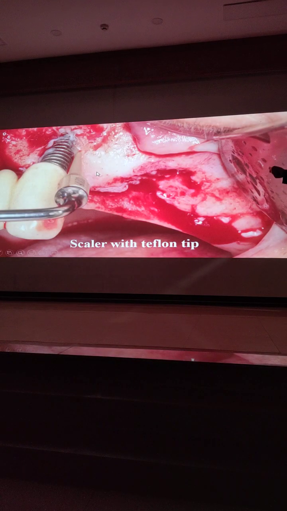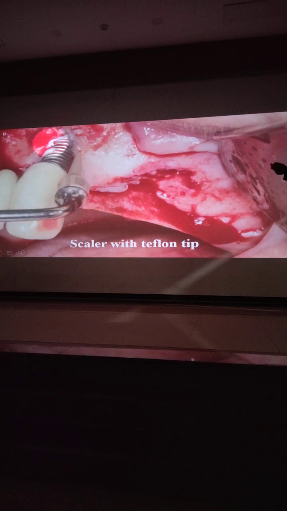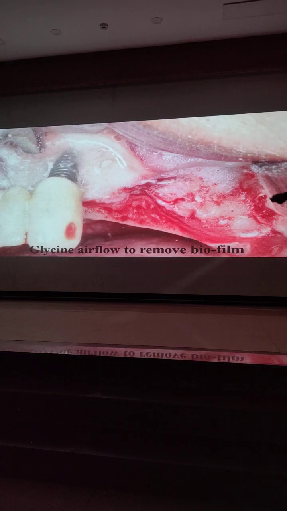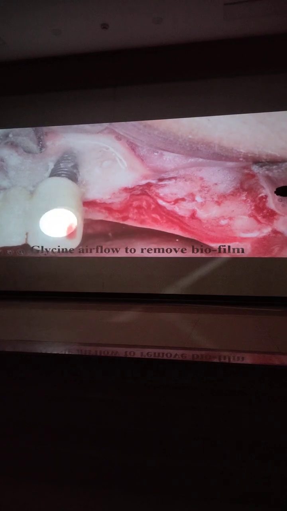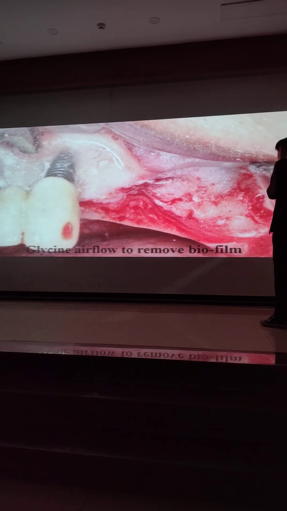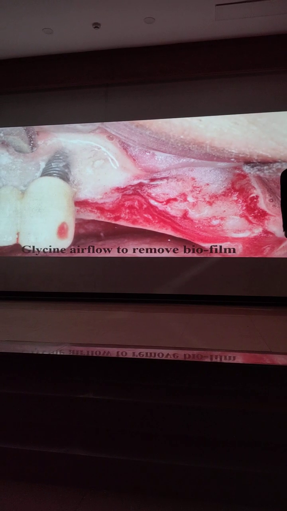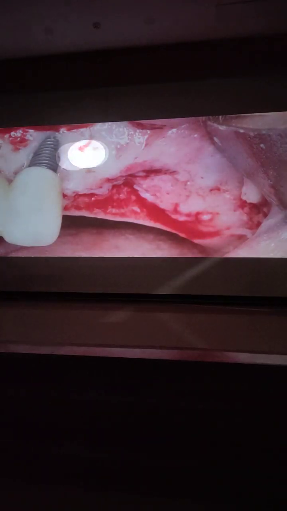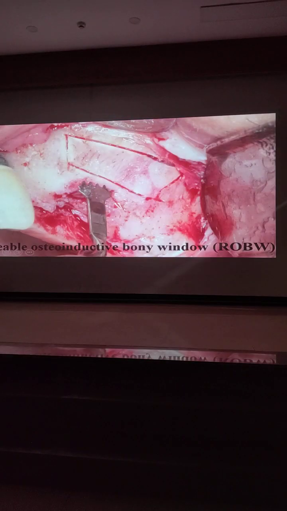So I used a scaler with a titanium tip to remove the calculus, and glycine airflow was applied in order to remove the biofilm attached to the exposed implant surface. Now you can see the clean implant surface here.